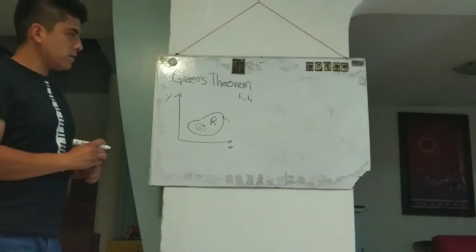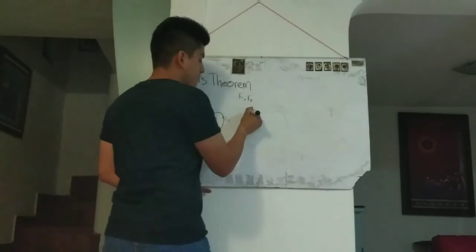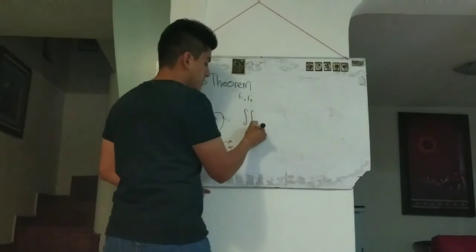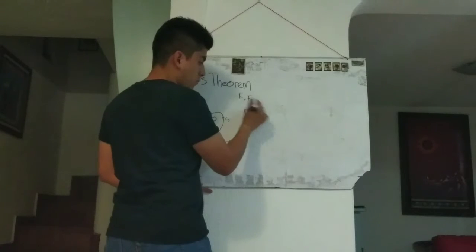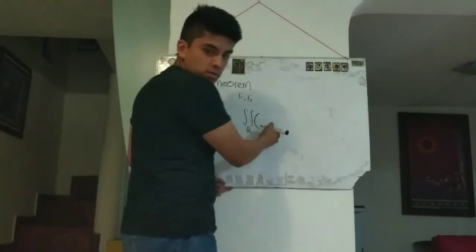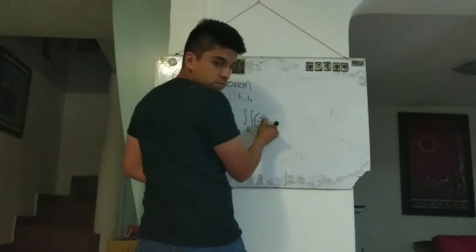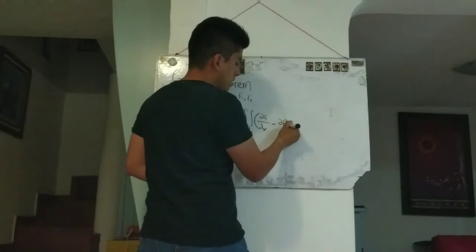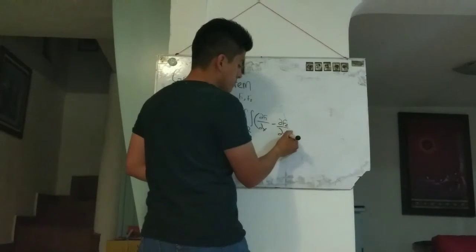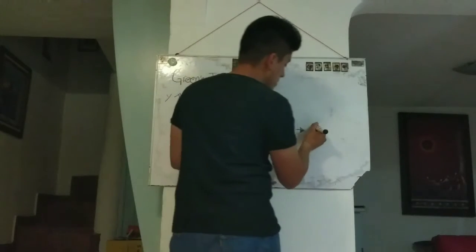And Green's theorem tells us that our double integral of the partial derivative of f2 minus the partial derivative of f1 transforms into this.